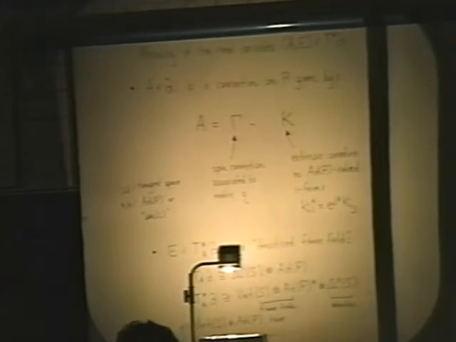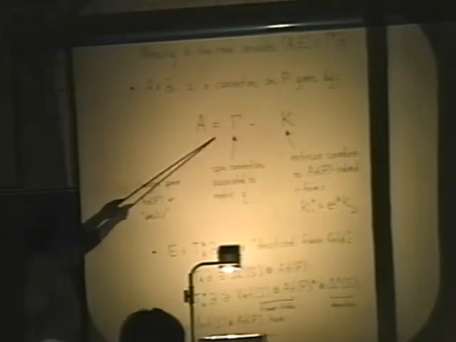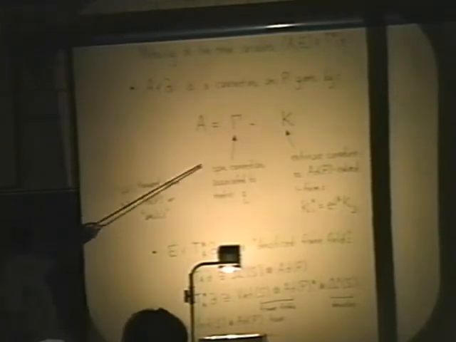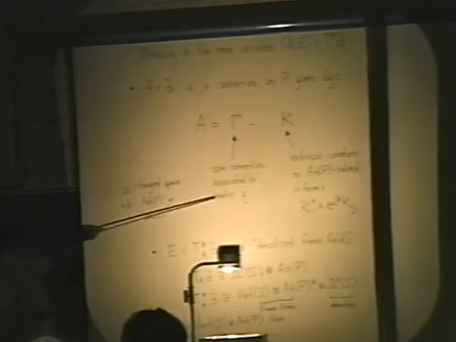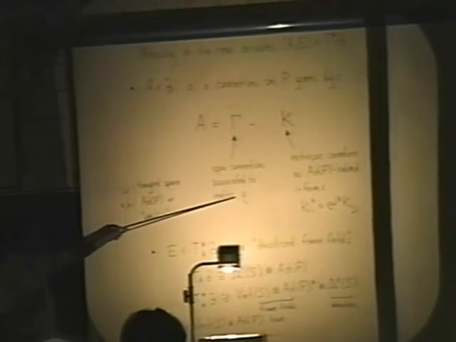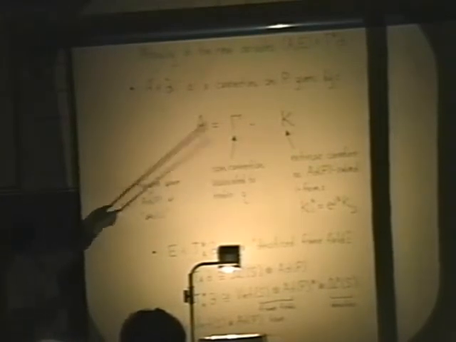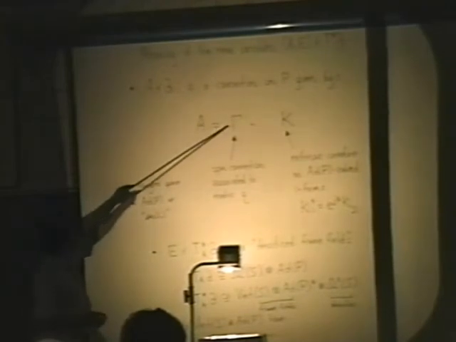So this connection on the spin bundle is given as follows. It's a difference of two things. First, we take the connection on the spin bundle, which is associated to our metric on the three-manifold. So the metric gives a Levi-Civita connection, and then if you have a spin structure, you can promote that to a connection on the spin bundle.